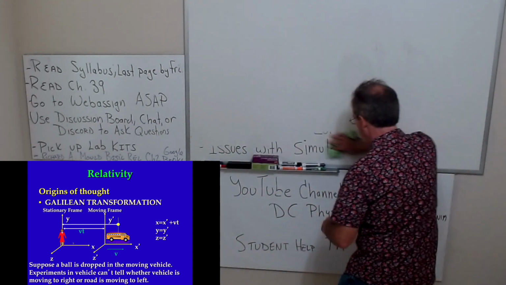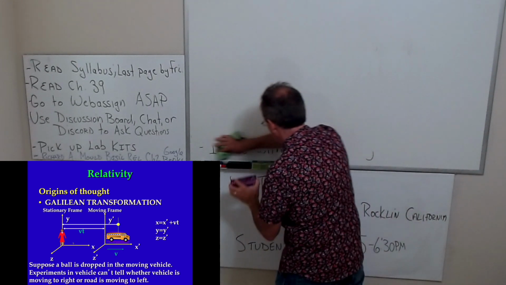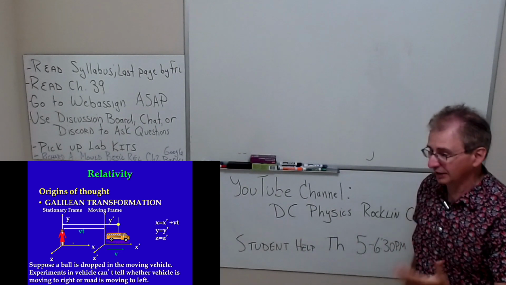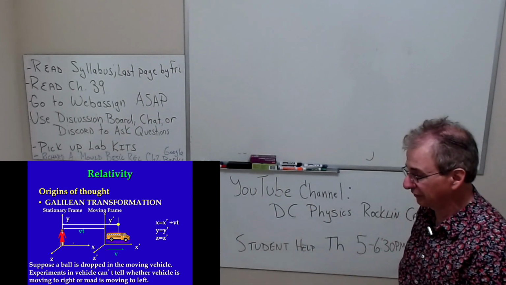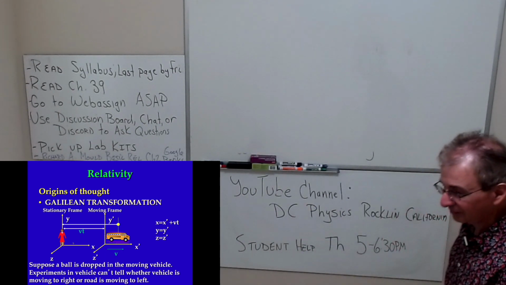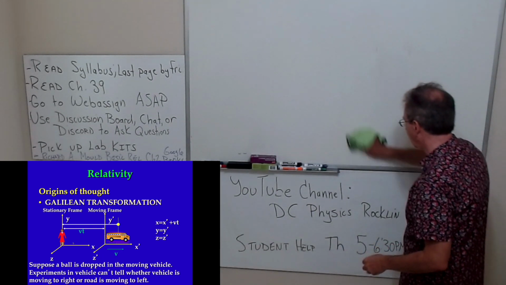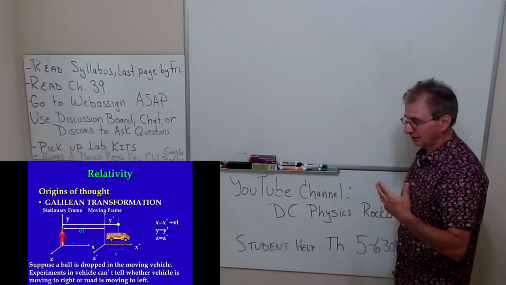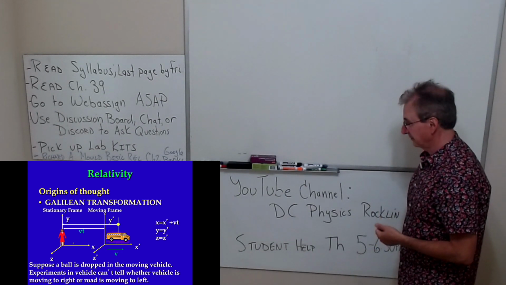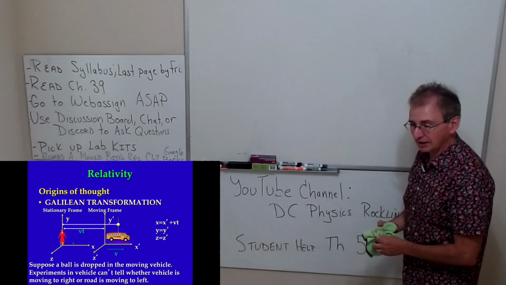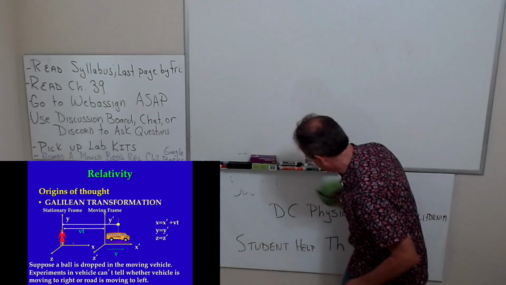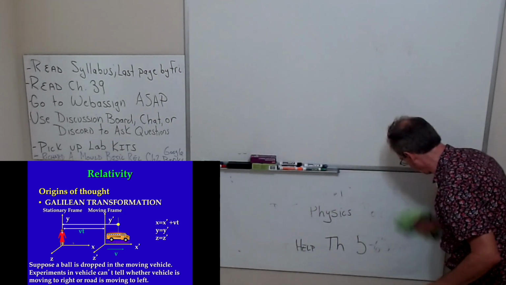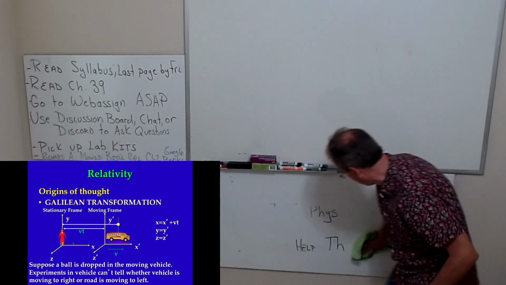And by the way, relativity came from a problem that existed with the laws of electricity and magnetism. When Einstein came up with his famous papers, it had to do with him analyzing the laws of electricity and magnetism, and really combining it with this thing called a Galilean transformation.